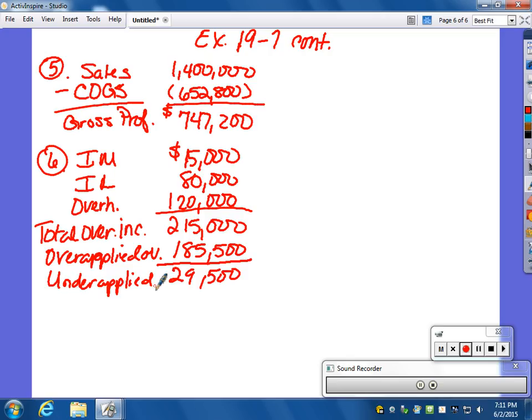If actual is greater than applied, then it is under applied. If actual is lower than applied, then it is over applied. Incurred is the same as actual? Incurred means that it happened, so yes. Okay.